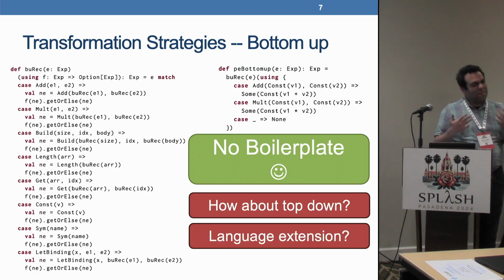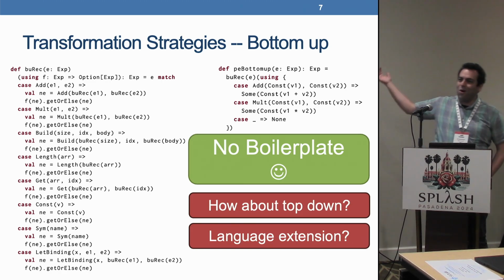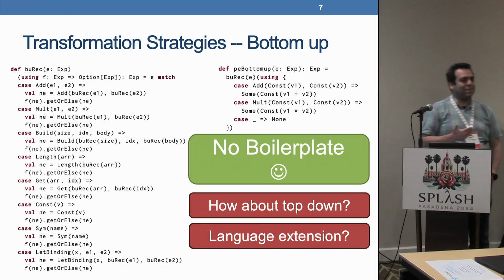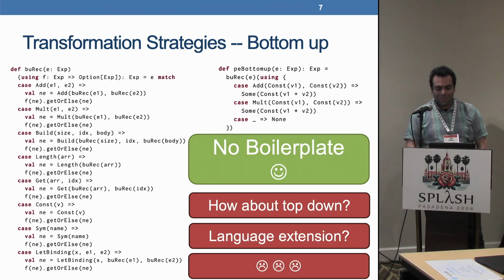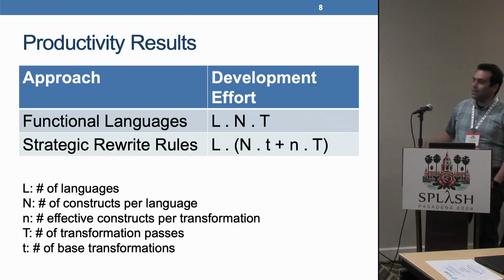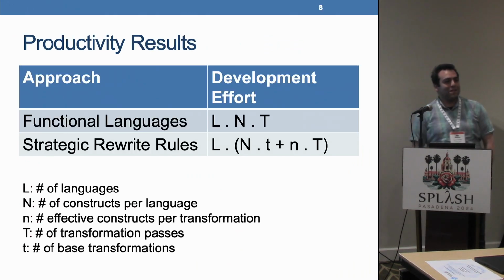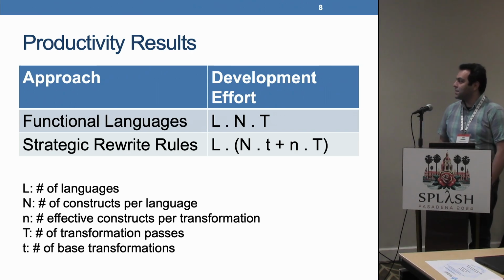Then if I have language extensions, I have to go through all the transformation strategies that we have developed and extend them with the new set of language extensions, which makes us again a bit unhappy. But it is quite a lot of achievement in comparison with the first style that we have seen.